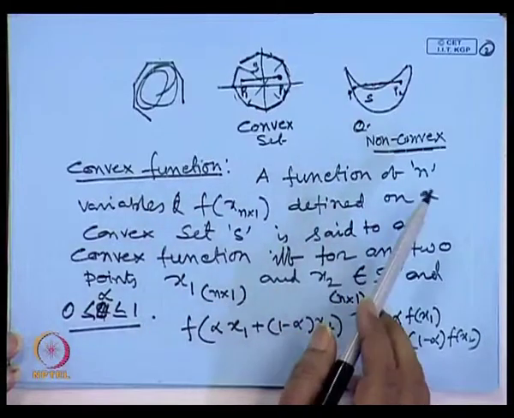One can easily see this with a single variable case, and that can be extended to the n variable function case. So, what is the definition of a convex function?